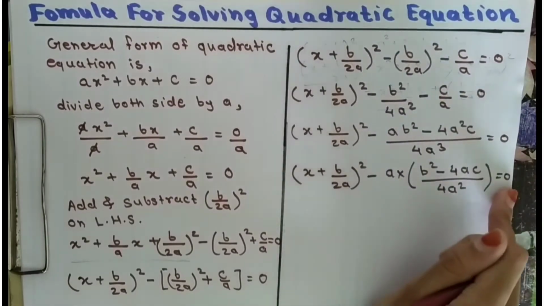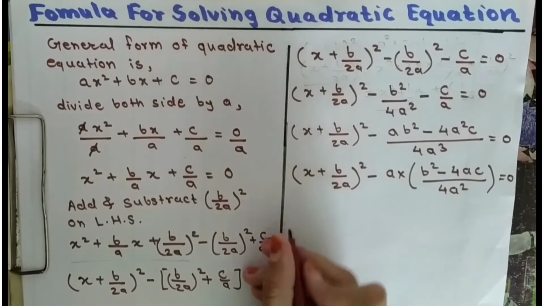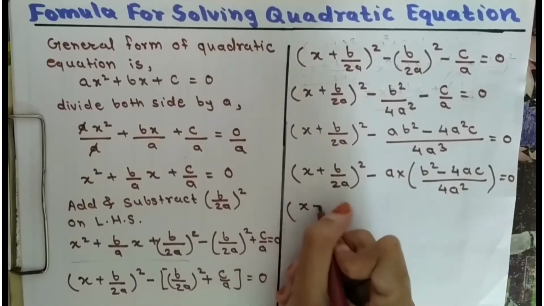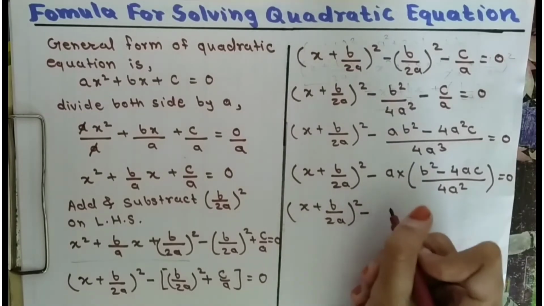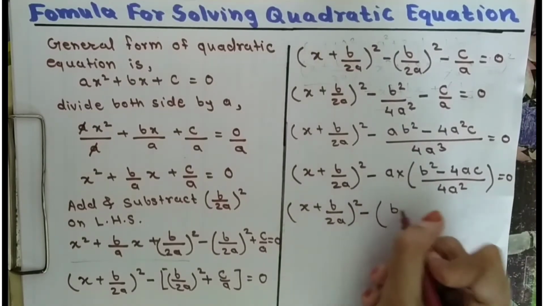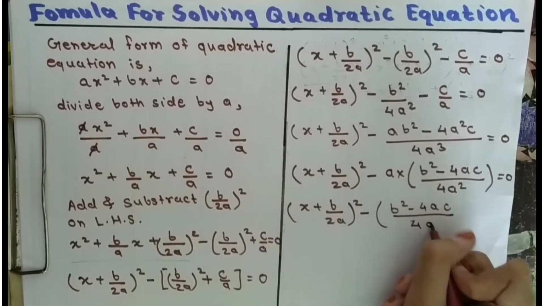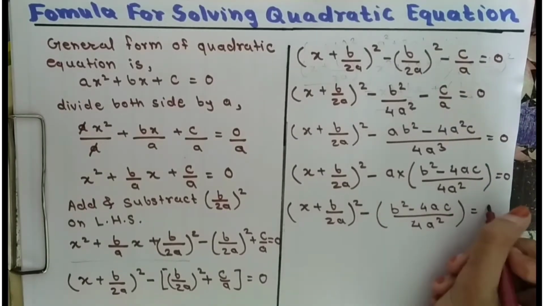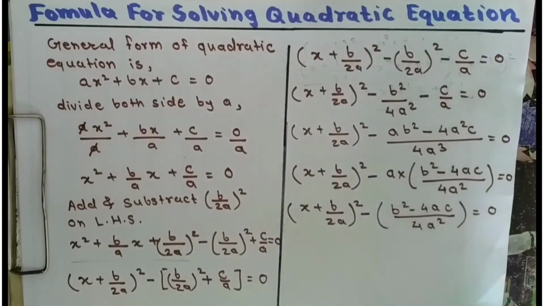Now this multiplying a goes and dividing a goes, so that becomes 0. So what remains here now? x plus b upon 2a bracket square minus b square minus 4ac upon 4a square is equal to 0. That multiplying a goes on dividing a, and that becomes 0.